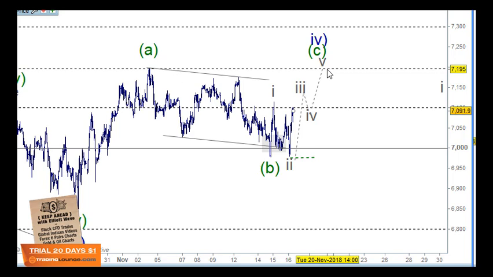And this is kind of where the triangle pattern can come in for the DAX a little bit, but look, the bottom line is it may only get to an A wave, a B wave and a C wave here, and then drop from there as well. Can we get 5 waves out of this move here? Yes, we can go 1 and 2 and 3 here, an A and a B and a C here for 4, and down for 5 here.